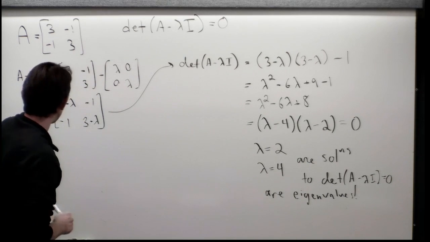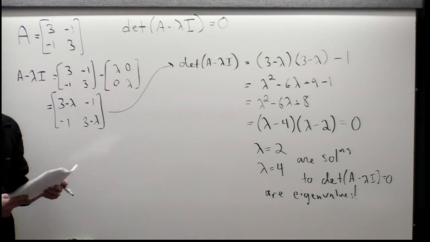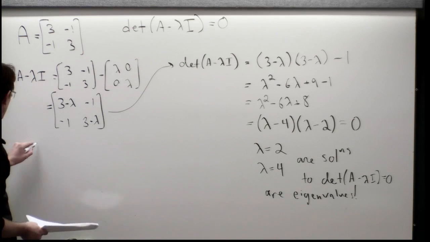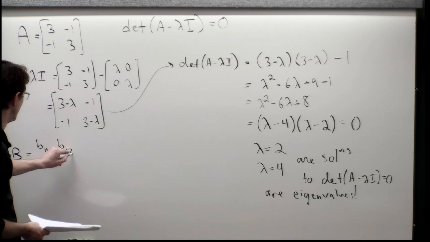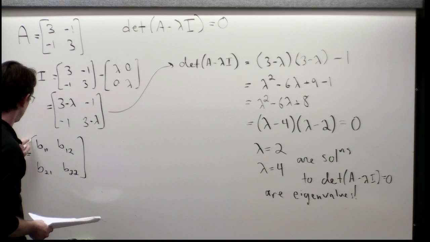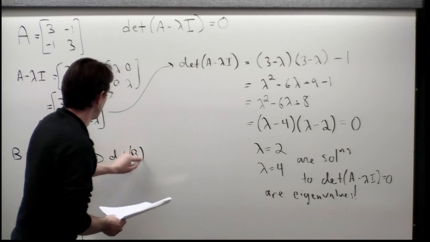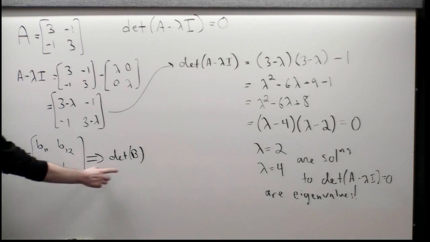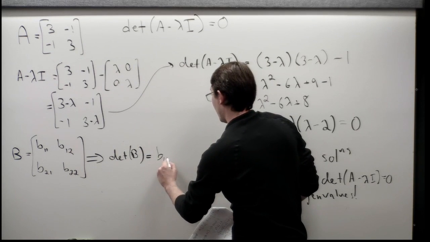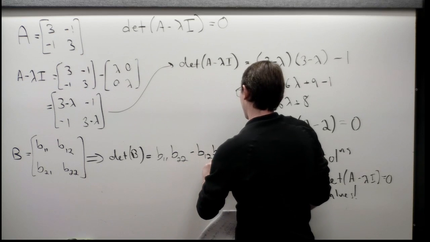Okay? Now, just a fact that might be helpful for you, just the generic formula for the determinant of a 2 by 2 matrix. Let's say I have a matrix B, and it equals [B11, B12; B21, B22]. Then the determinant of B is going to equal B11 B22 minus B12 B21.